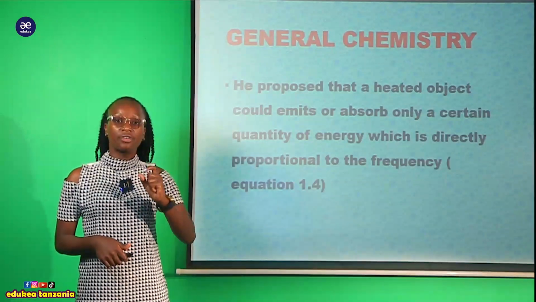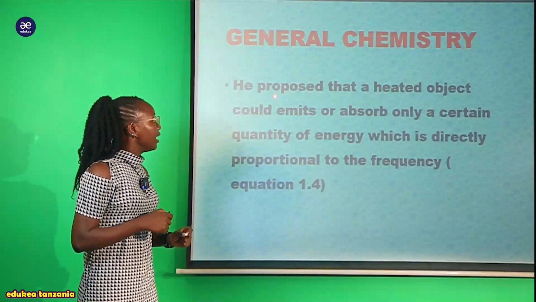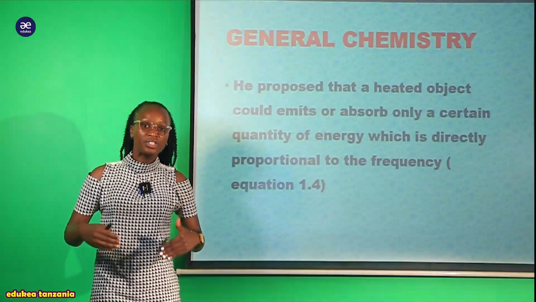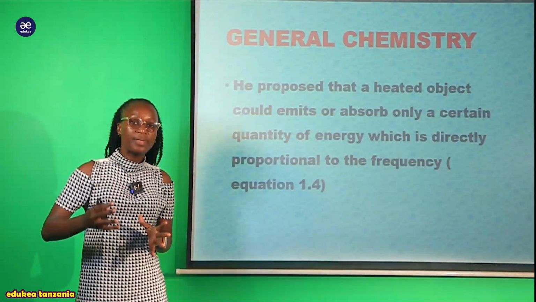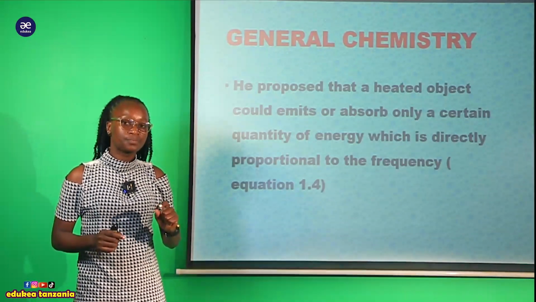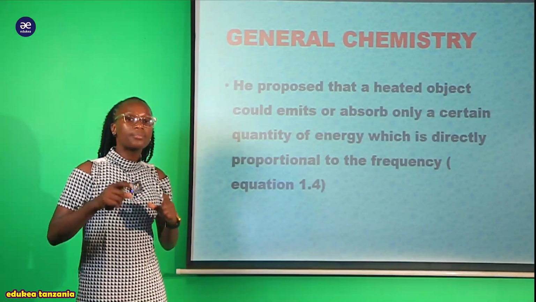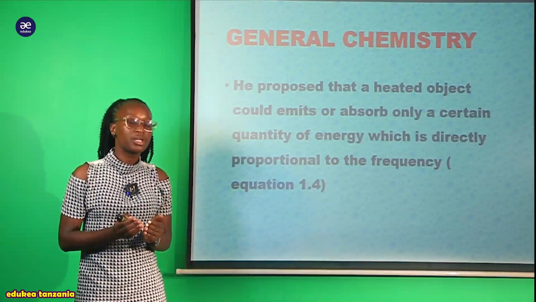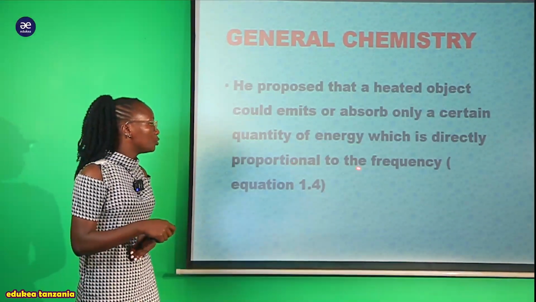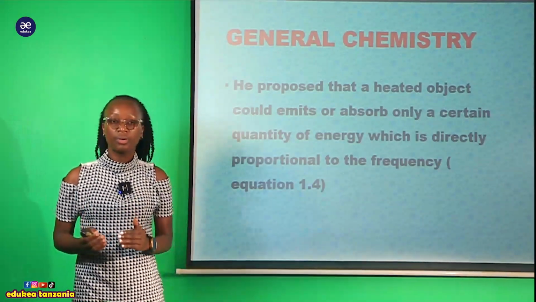Hiyo ndiyo alikuja kudrive equation yake kulingana na hii idea kwamba heat object could emit. Sasa tumesema kwamba ile emission inatokea pale ambapo the solid object imekuwa subject to the heat source. Sasa yeye anakuja na fact kwamba the heat object could emit au itafanya absorption only a certain quantity of energy which is directly proportional to the frequency, kwamba the energy will be directly proportional to the frequency.